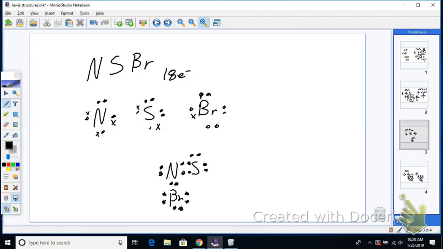Now the question is, when you look at bromine, it has 8. When you look at nitrogen, does it have 8 now? Yes. You count these two as 4. So 2, 4, 6, 8. And this sulfur has 8. 2, 4, 6, 8. So now everything looks the same when you look at lone pairs, before and afterwards.